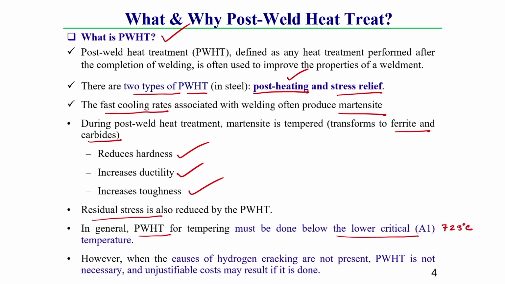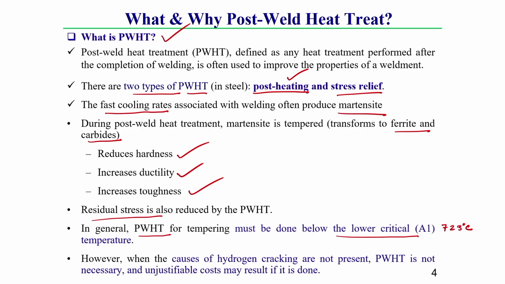That is why in some cases where there is less chance of hydrogen induced cracking, it is not preferable, because it will increase the cost, and an unjustifiable cost may result if it is done.